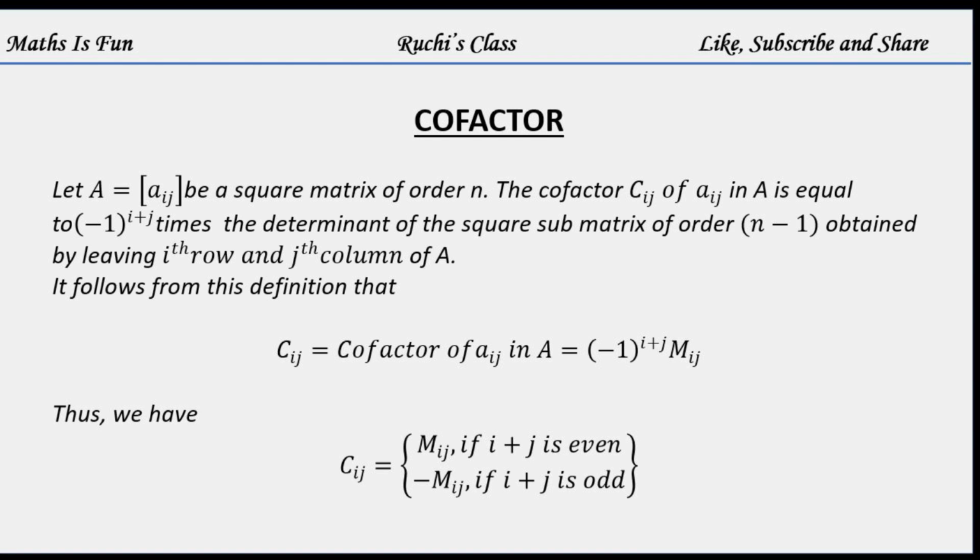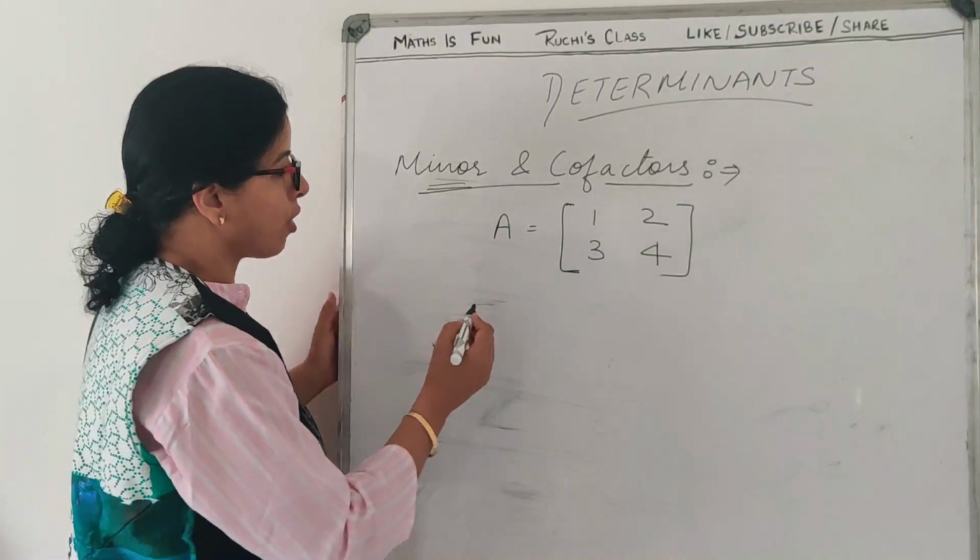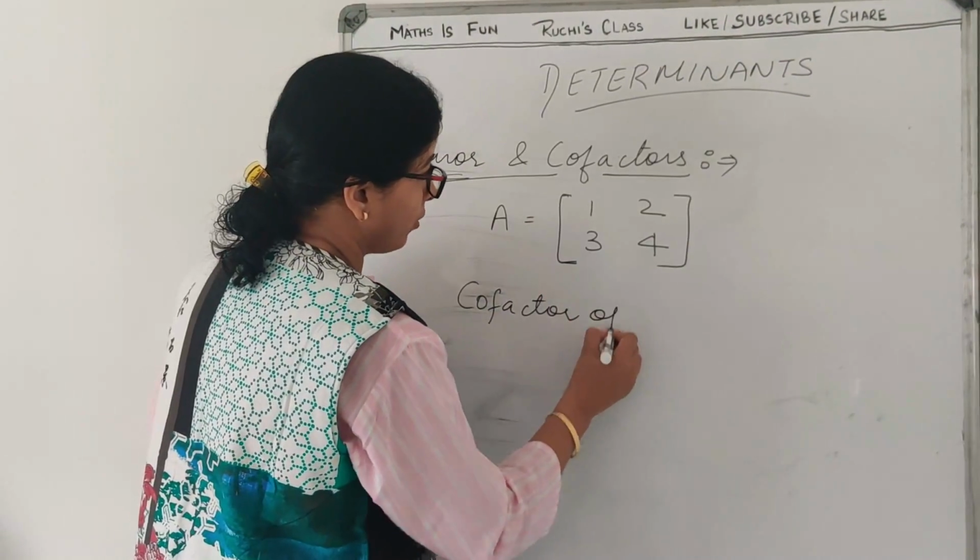The cofactor Cij of Aij in A is equal to minus 1 raised to the power i plus j times the determinant of the submatrix of order n minus 1 obtained by leaving the ith row and jth column of A. It follows from this definition that Cij, the cofactor of Aij in A, equals minus 1 raised to the power i plus j times Mij, where Mij is the minor of Aij in A. Thus we have Cij equal to Mij if i plus j is even and minus Mij if i plus j is odd. So cofactor of A11.